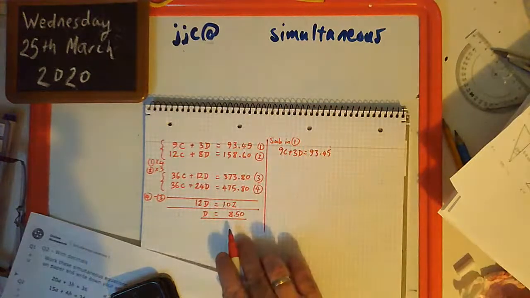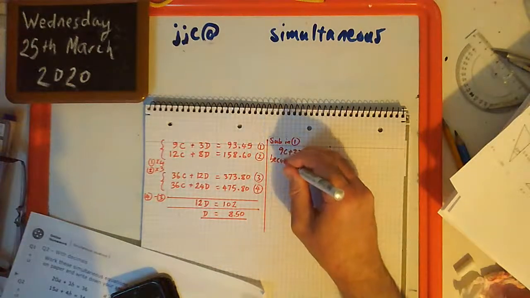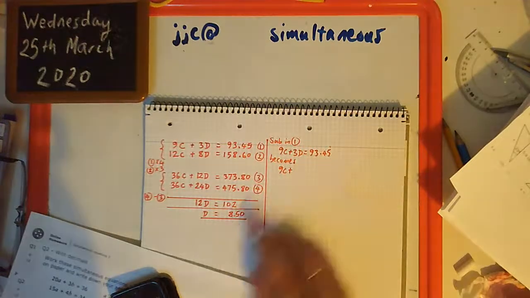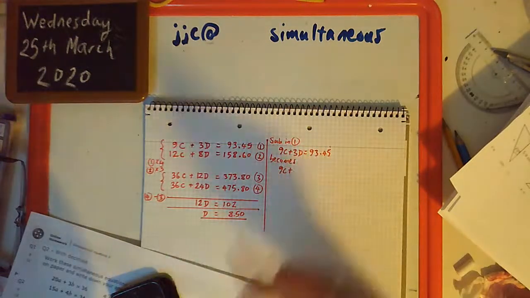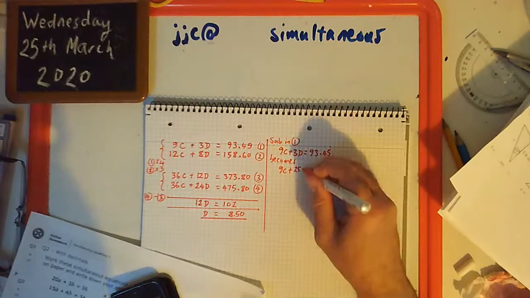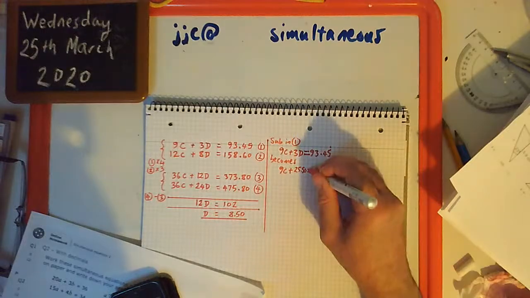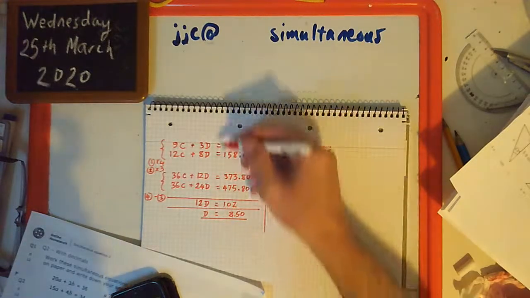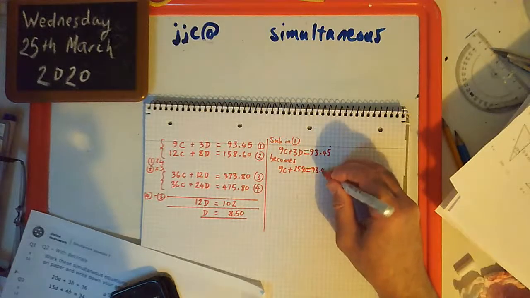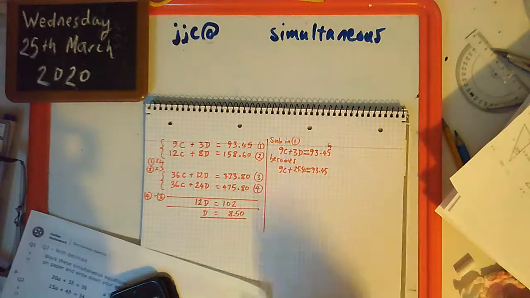Now that I know that the cost of a DVD is $8.50, that's going to become 9c plus, so 3d, 3 times 8.50 is 25.50, equals 93.45. I'm desperately trying to keep my working lined up here as I always do. That dot there is not supposed to be a recurring symbol, by the way, that's just a dot.